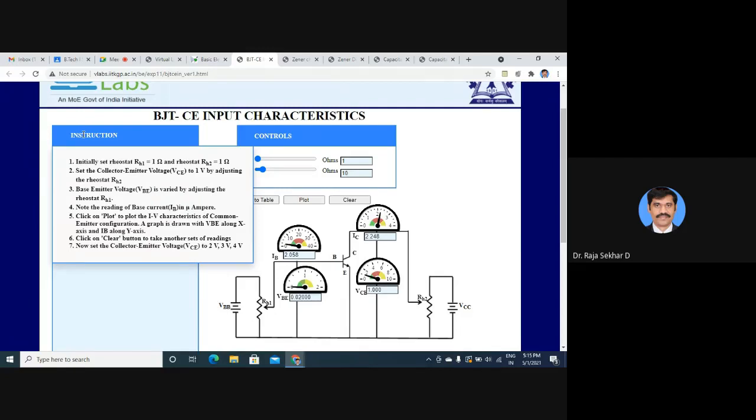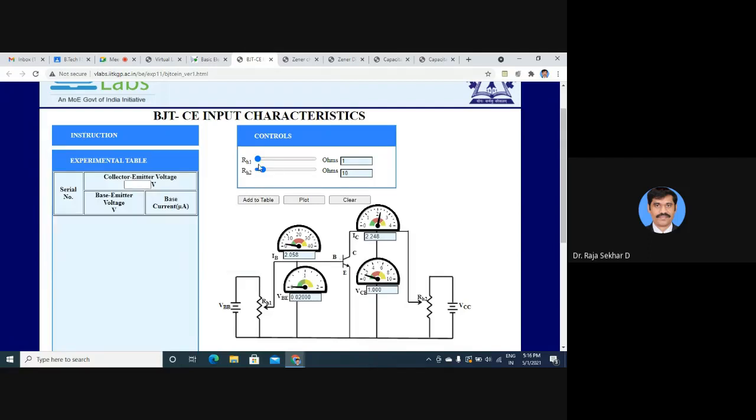Now the base emitter voltage VB is varied by adjusting RH1. The readings of base current are in microamperes. If you change RH1, VB changes. First take this one table. Next, change RH1, VB changes as well as IB also changes.